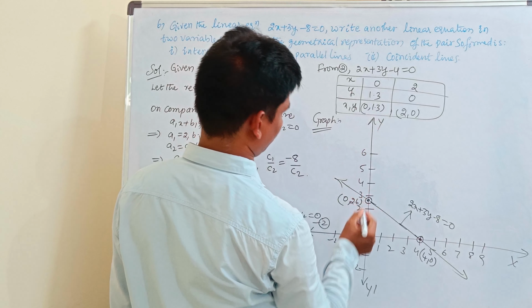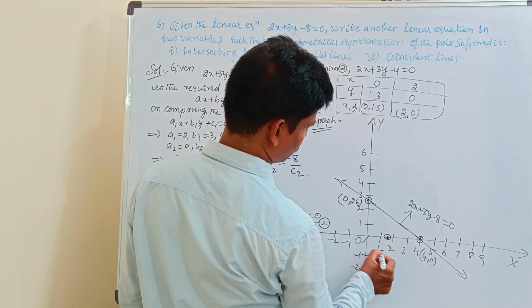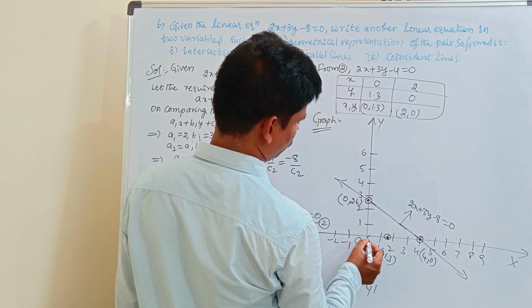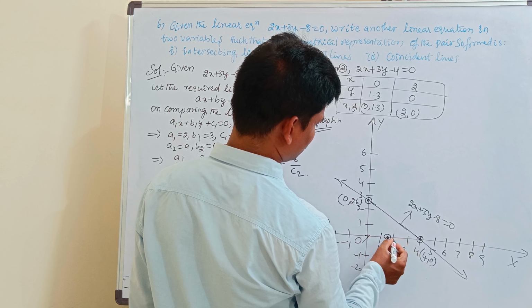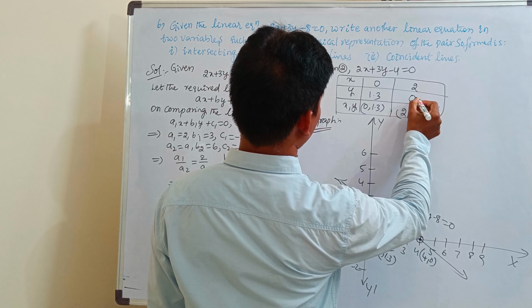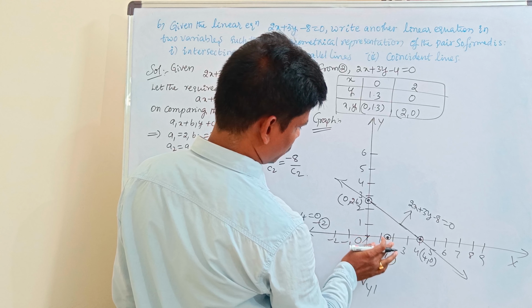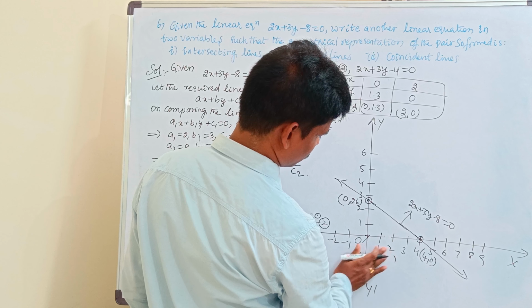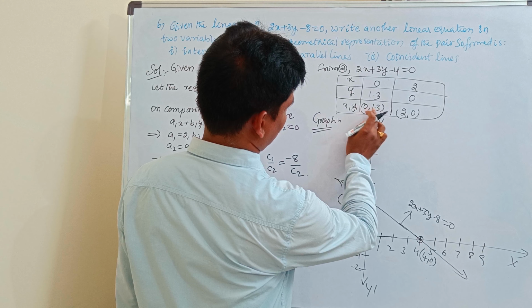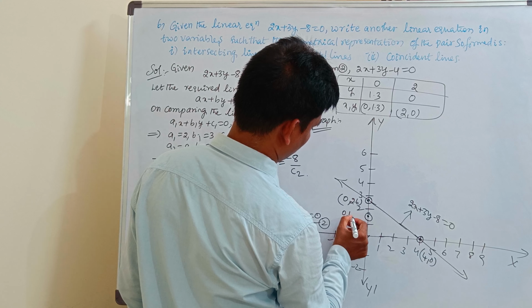Next, this one 0 comma 1.3. So 0 comma 1.3. Next 2 comma 0. Sorry, this point here is 0 comma 1.3, so x 0 gives 1.3.